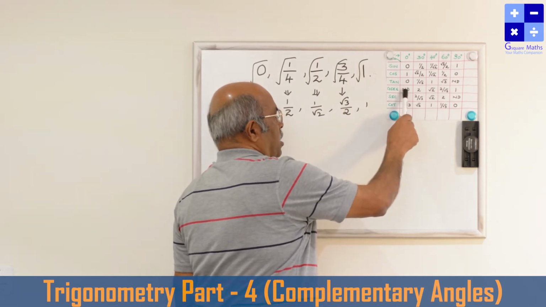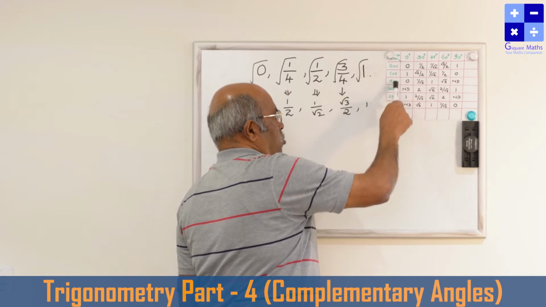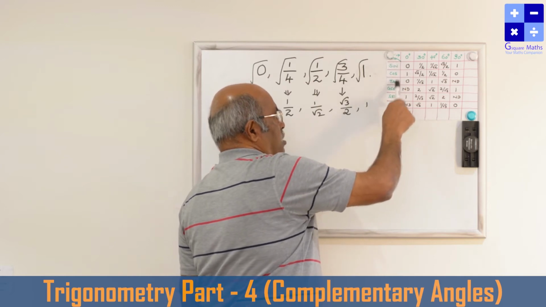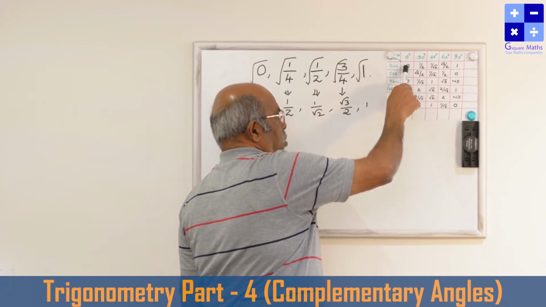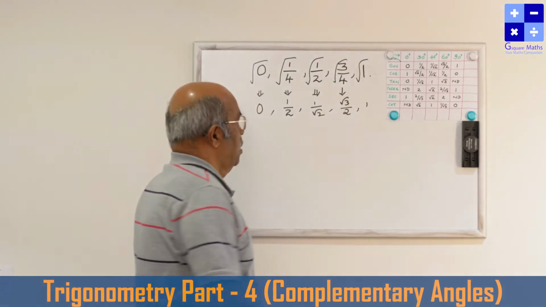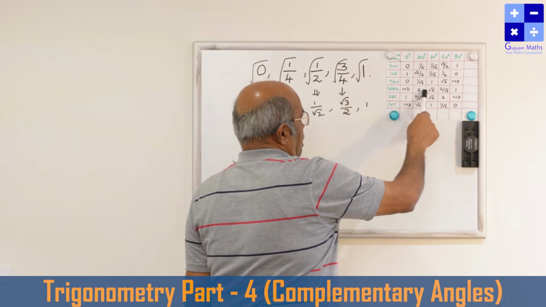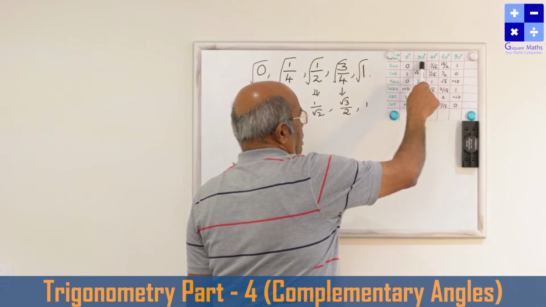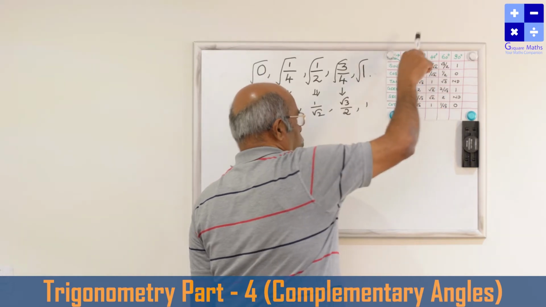Cosecant and sine are reciprocal to each other. Sine theta is equal to 1 by cosecant theta, or cosecant theta is equal to 1 by sine theta. So cosecant 0 is 1 by sine 0, that is 1 by 0, which is not defined. Then cosecant 30 degree is nothing but 1 by sin 30, that is 1 by 1 by 2, that is 2.